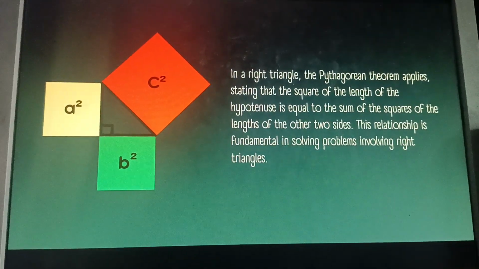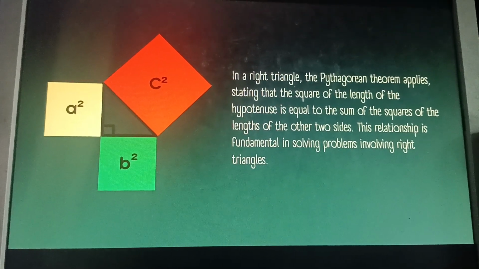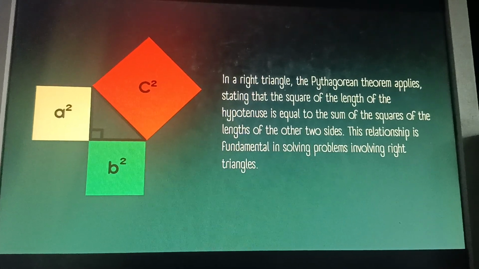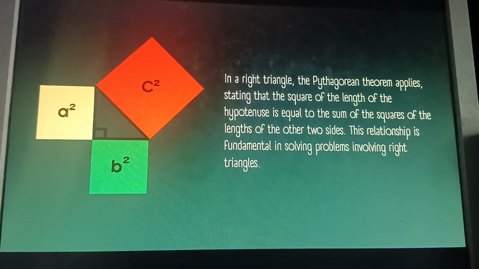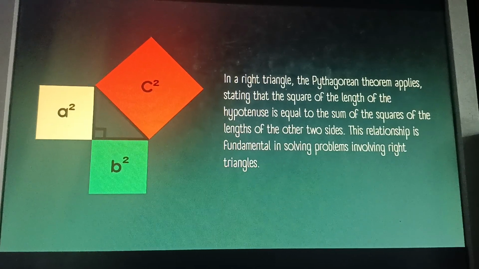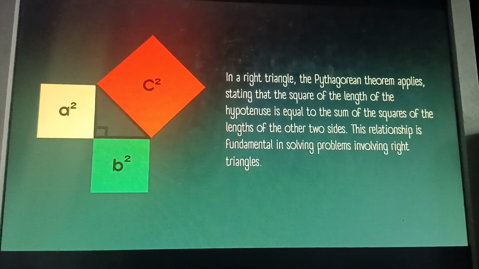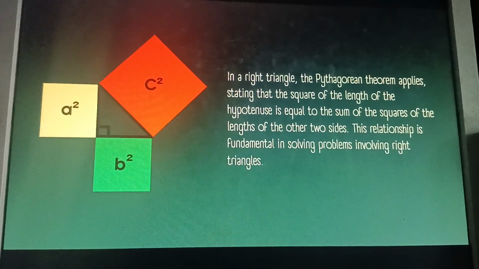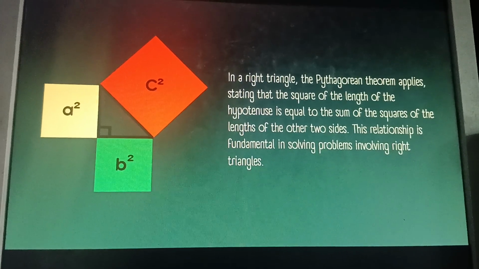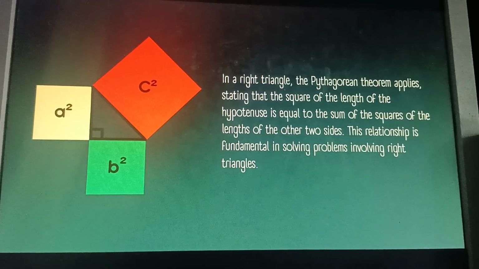Next, in a right triangle, the Pythagorean theorem applies. When there is a right triangle and one side is given and the other side is unknown, you can use the Pythagorean theorem.